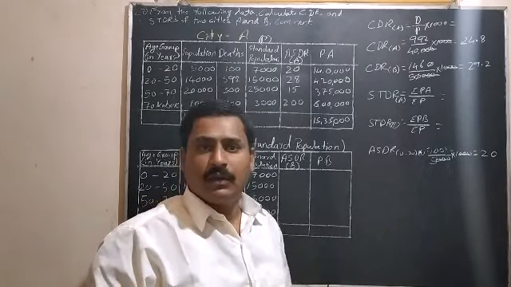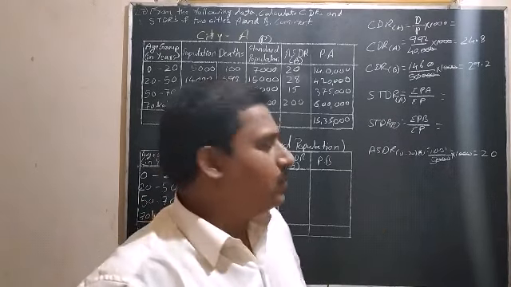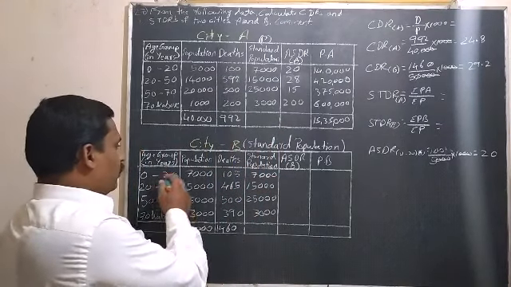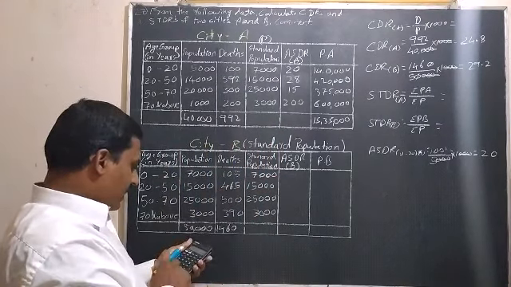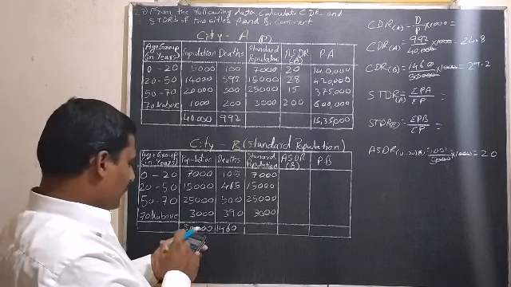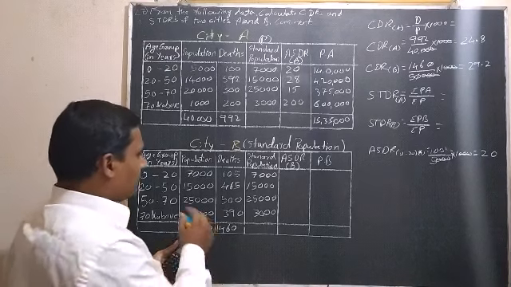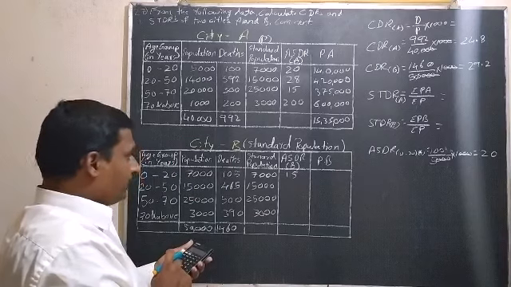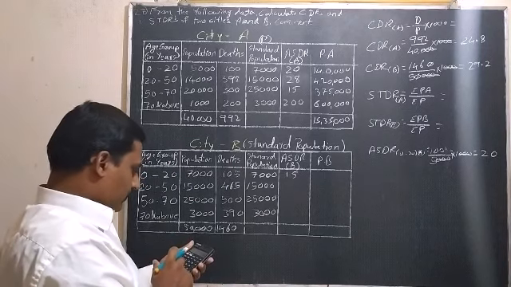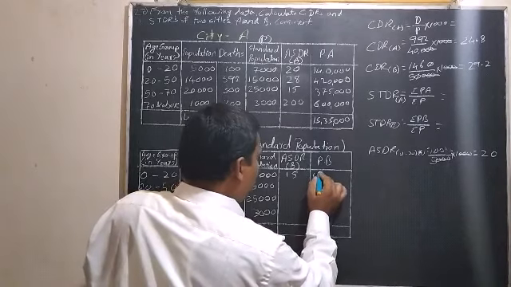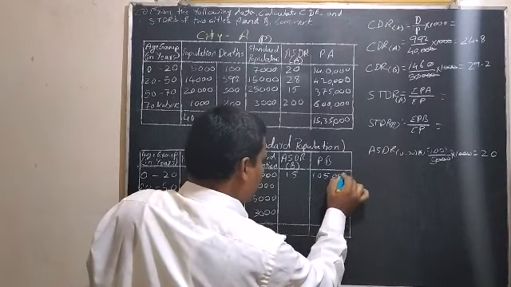Then we will go for calculating STDR. So first, age group 0 to 20, 105 are the deaths divided by 7,000 into 1000 is equal to 15. And 15 into 7,000 is equal to 1,05,000.